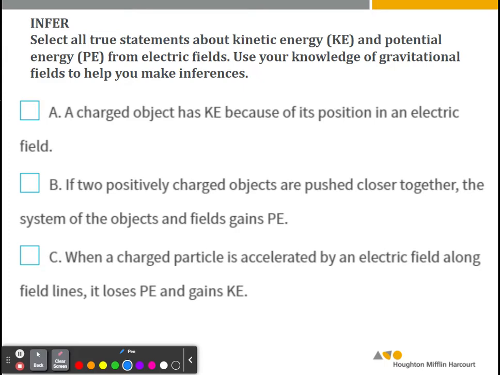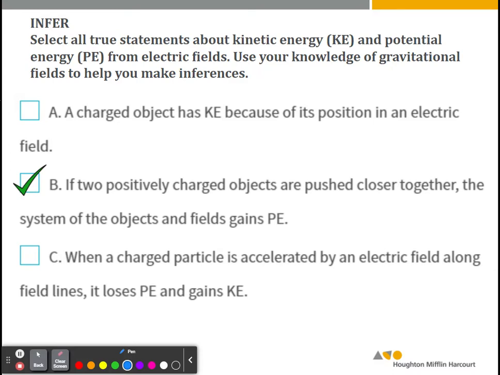Remember, potential energy has to do with position or orientation, and kinetic energy has to do with movement. B, if two positively charged objects are pushed closer together, the system of the objects and fields gains potential energy. That is true.